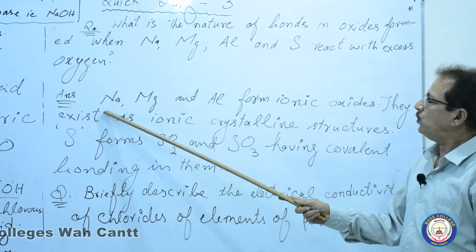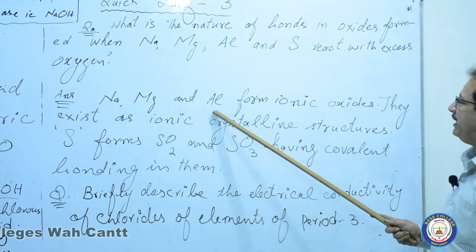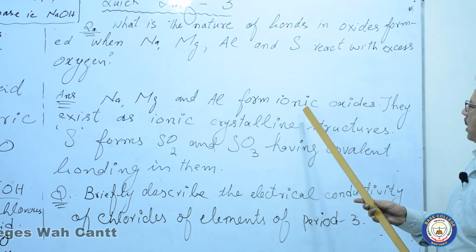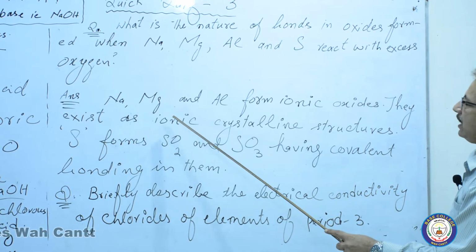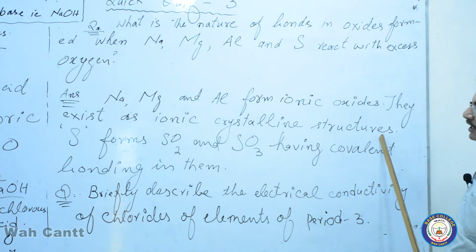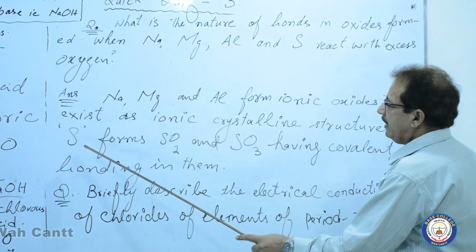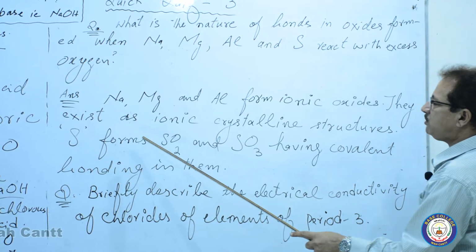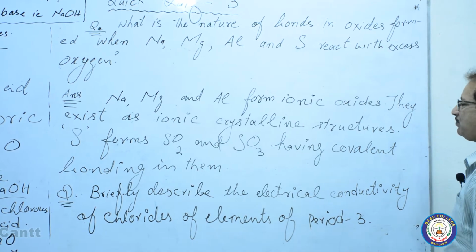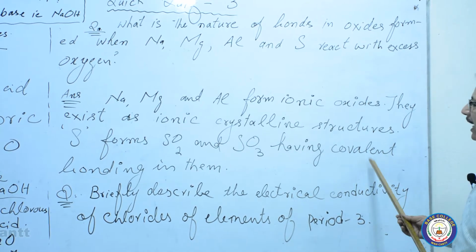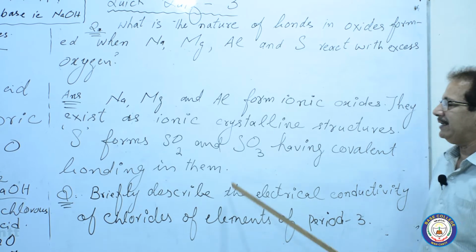Answer: sodium, magnesium and aluminum form ionic oxides. They exist as ionic crystalline structures, whereas sulfur forms SO2 and SO3. These are the oxides of sulfur, and they have covalent bonding in them.